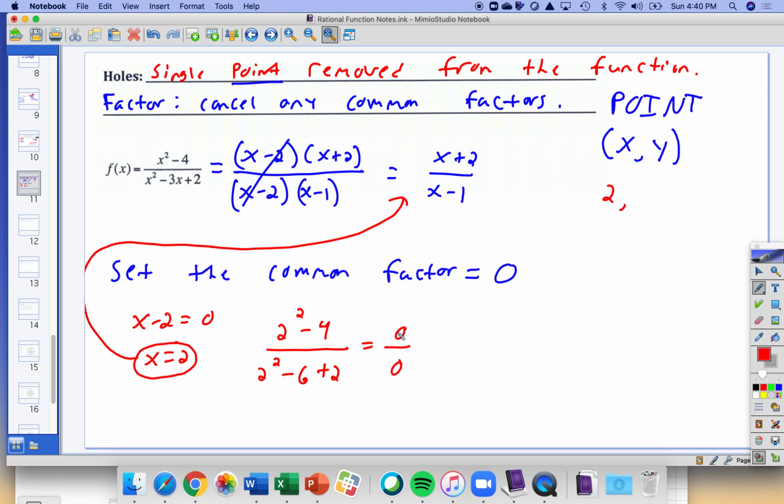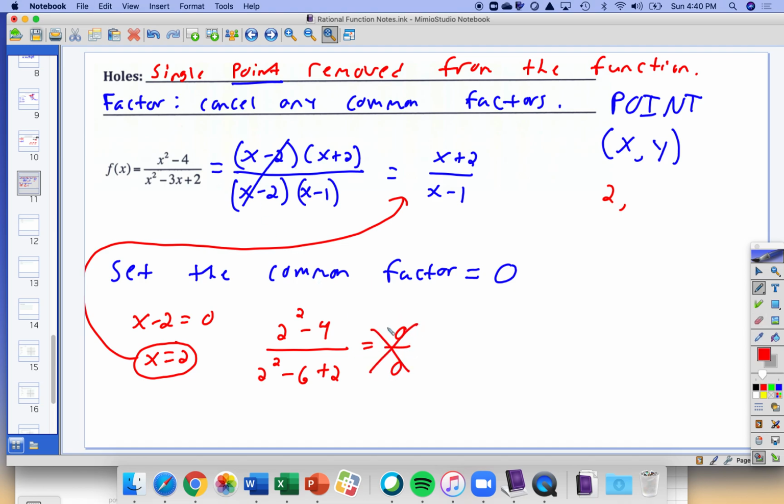In mathematical terms, 0 over 0 is a sign that says do more work. 0 over 0 is not a number. It means do more work. So the more work that we're doing is factoring and simplifying. And that will happen every time there's a hole. You'll always get 0 over 0. So this is not the answer.